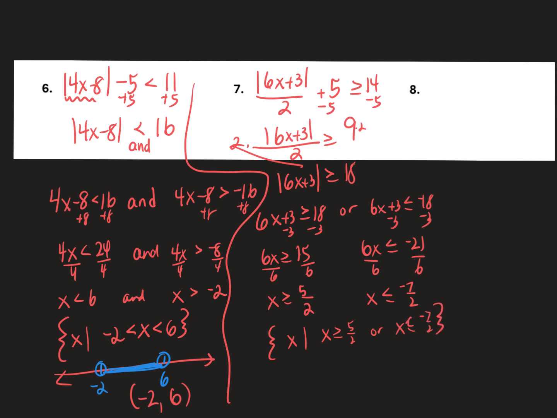You do not join those. Here's why. Watch what happens. X is greater than or equal to 5 over 2. And less than or equal to negative 7 over 2. And is the intersection. I'm going to write that in green.